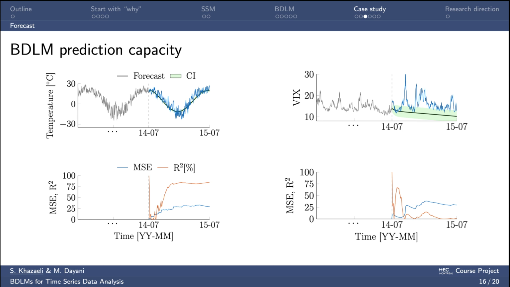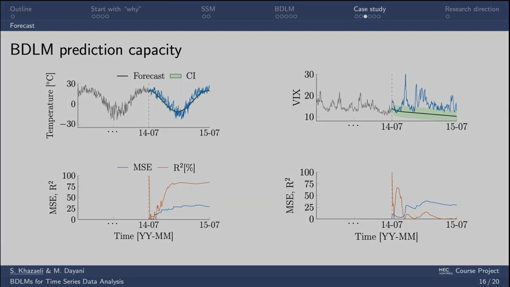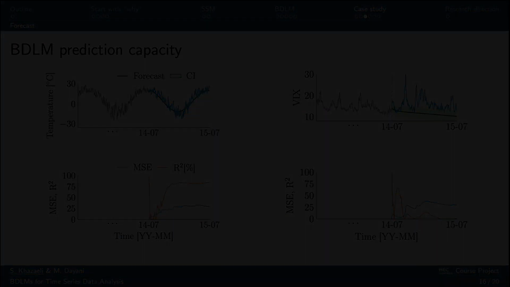And after almost a year, you can see the correlation is almost zero, even though both the prediction and actual data show a decreasing trend. So this indicates that we need to define additional behavior to model the acceleration, as I mentioned before, or perhaps there is an anomaly here and we need to use advanced BDLM procedures to model this kind of anomaly, such as the switching Kalman filter.